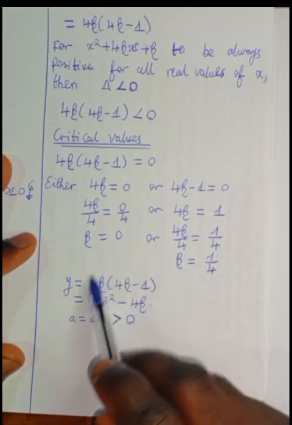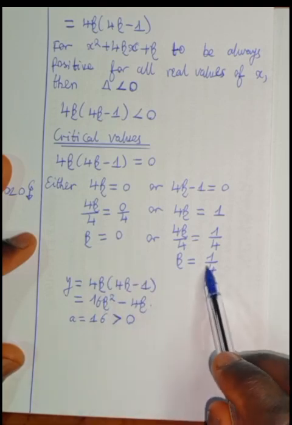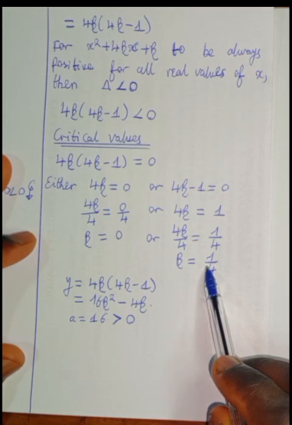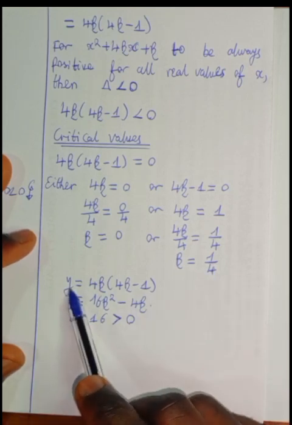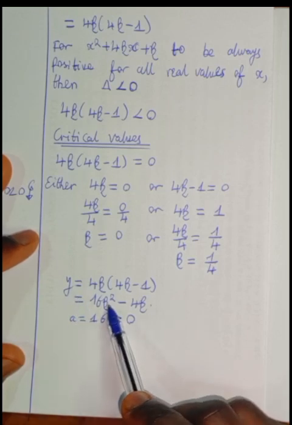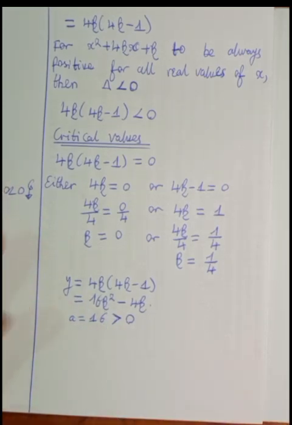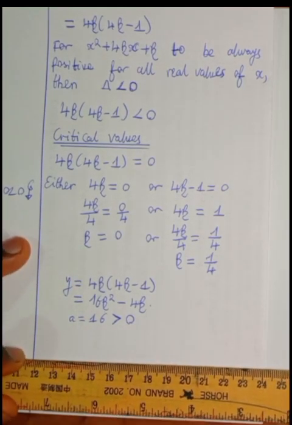So these are the points where the curve of this quadratic function meets the x-axis, which is the beta axis in this case. Because in this case, this is our function y. Y is a function of beta. So now for us to get this, we need to draw our beta axis as such.